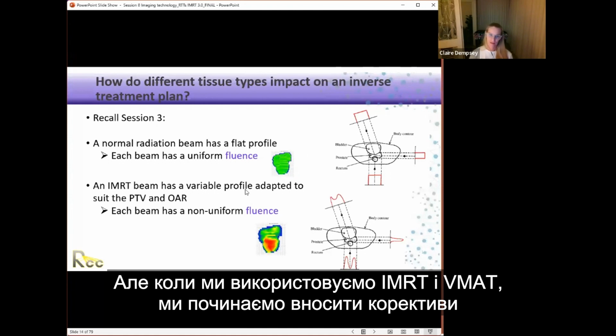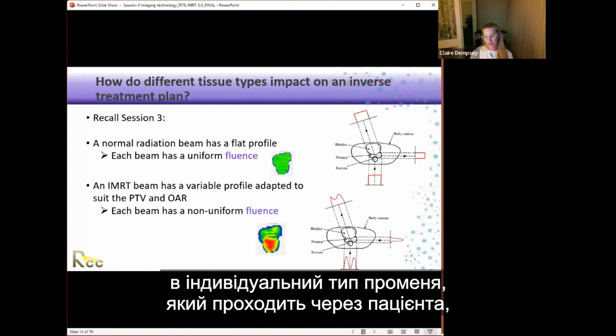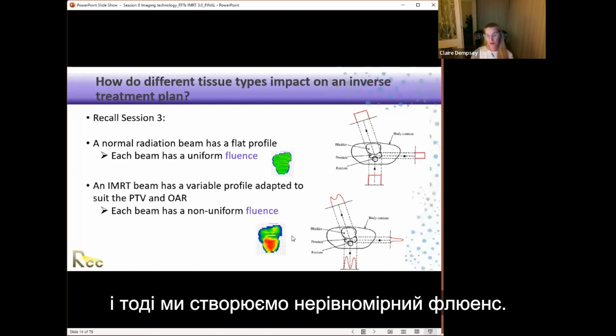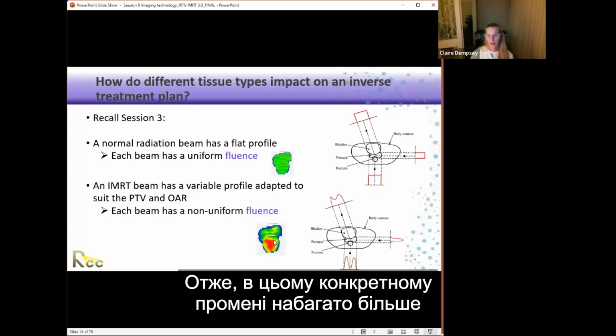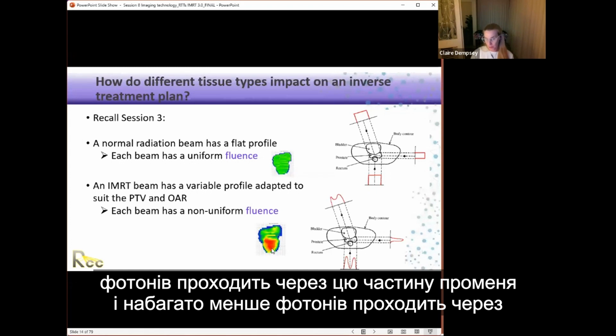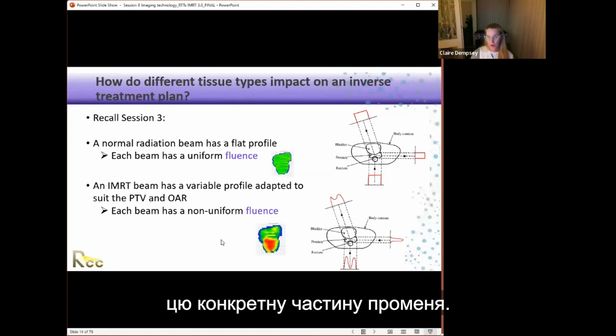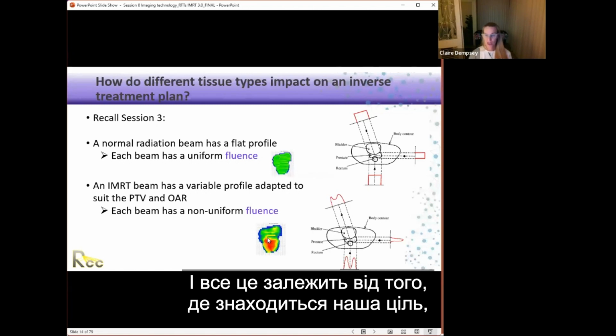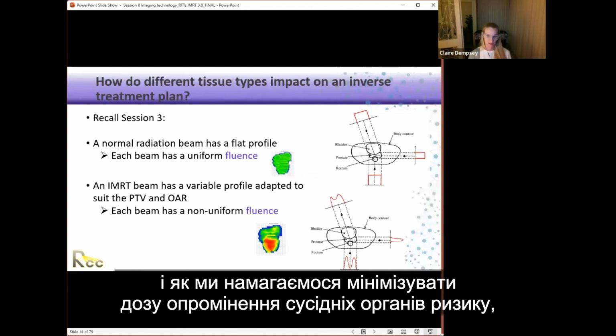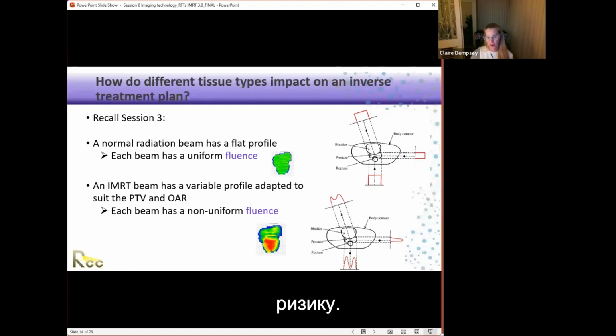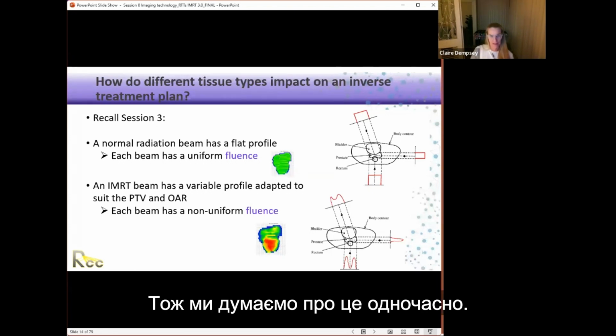But with IMRT and VMAT, we start to make adjustments to that individual beam passing through the patient, and then we create a non-uniform fluence. In this particular beam, you'd have a lot more photons passing through this part of the beam and a lot fewer photons passing through this particular part. That's all shaped around where our target is and how we're trying to minimize dose to the surrounding organs at risk. So we're just thinking about that at the same time.